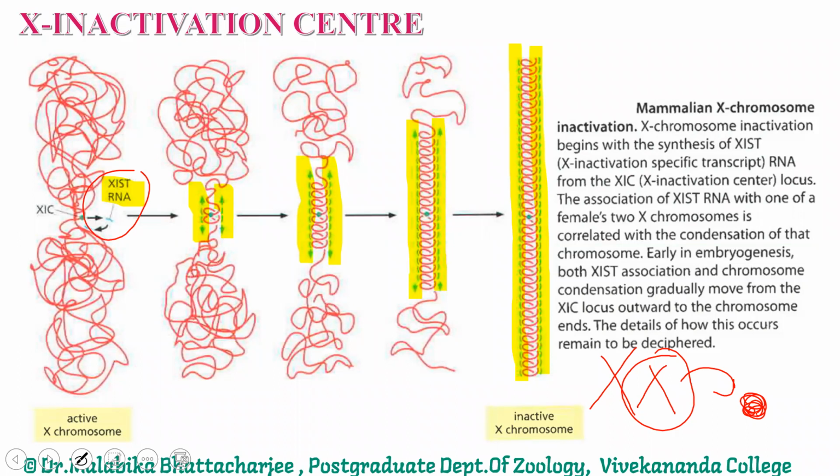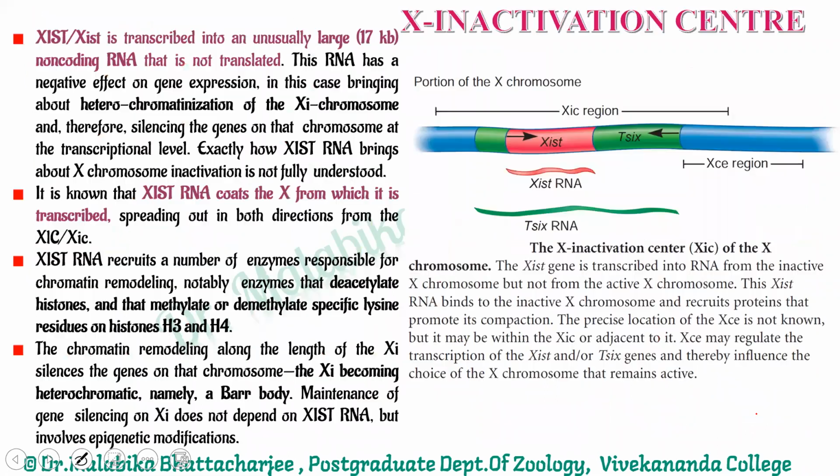So removal of acetyl groups, that is deacetylation, and addition of methyl groups, that is methylation, bring about a more and more heterochromatic state of the DNA, and the DNA becomes condensed. One of the X chromosomes is condensed to produce a small heterochromatic X, which is known as the Barr body.